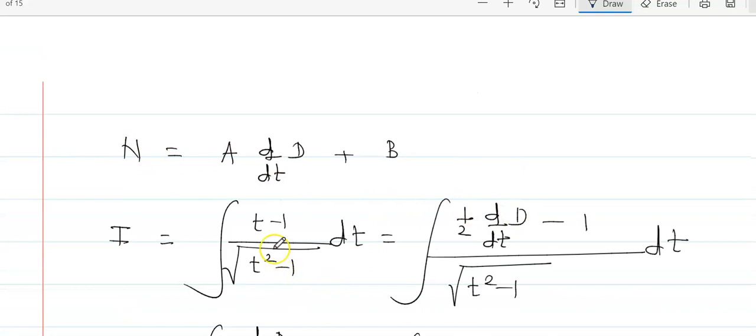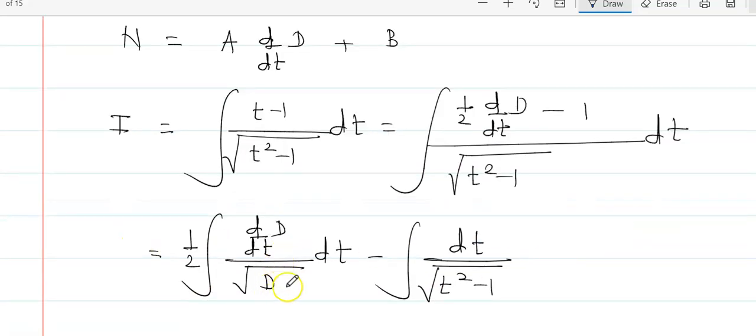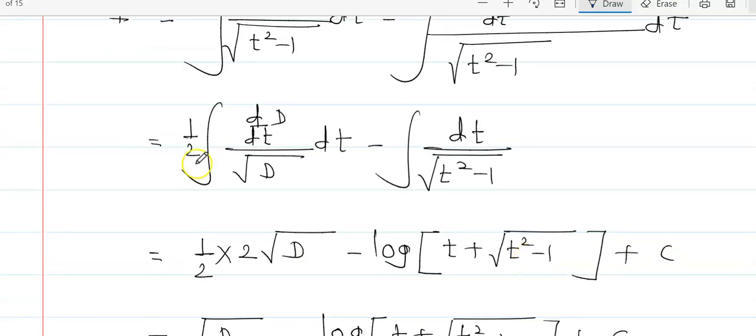This is the numerator. The integral of (t minus 1) upon root of t square minus 1 becomes 1 upon 2 derivative of the denominator upon root of the denominator, minus 1 upon root of t square minus 1. Separate these. Therefore, you will get 1 upon 2 times 2 root of the denominator minus log, since the integral of 1 upon root of t square minus 1 is log of t plus root of t square minus 1, plus c.